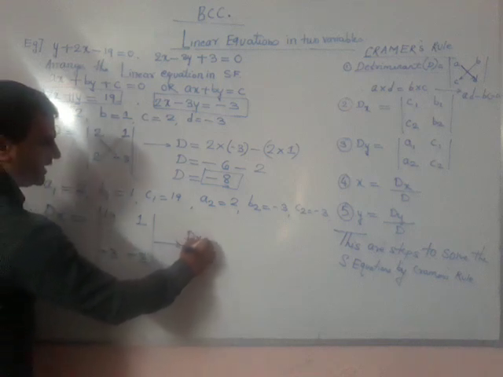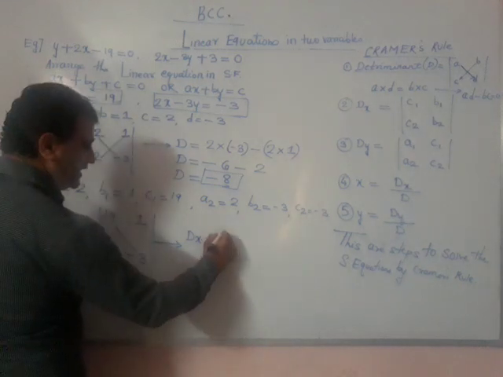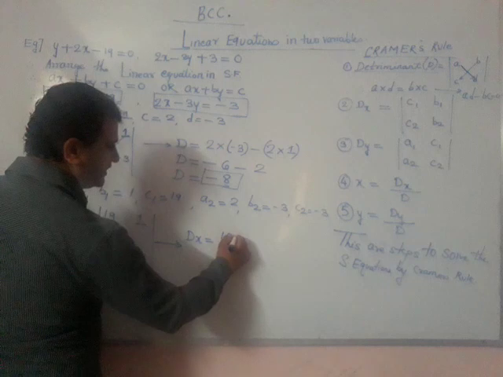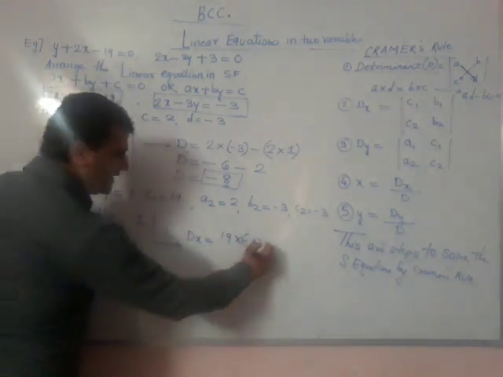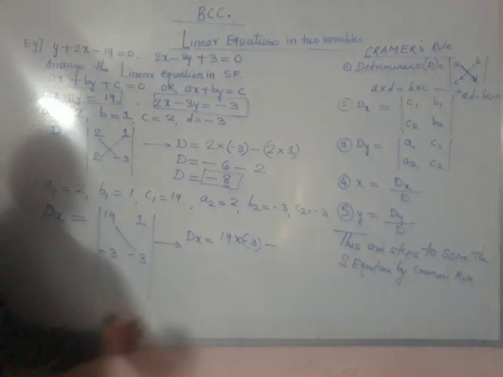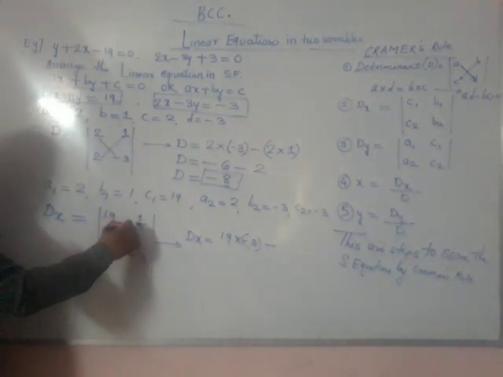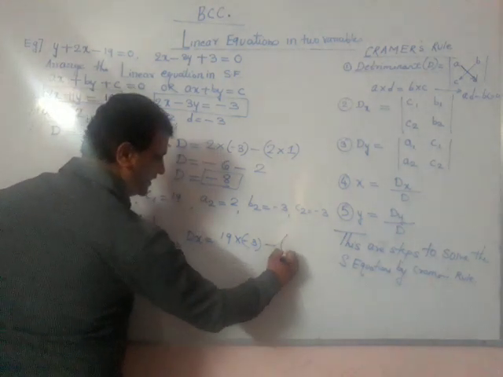So determinant x is equals to cross multiply 19 into -3, minus करते हैं according to the formula, and -3 into 1, -3 ones are -3.